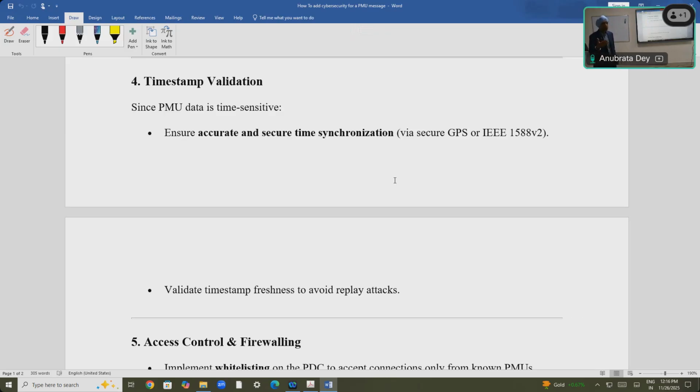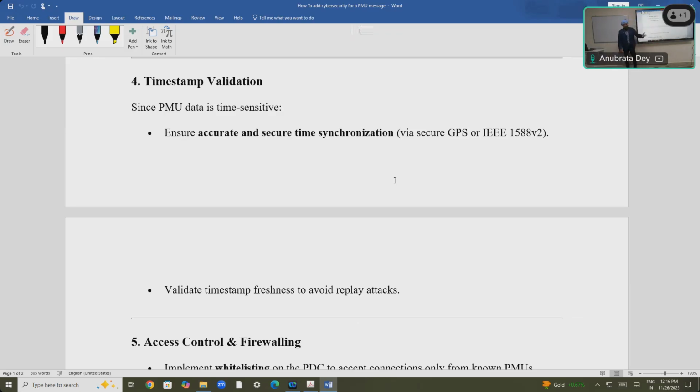You have to take multiple actions. So this could be one of the actions. It may not provide you 100% security. Actually, nothing provides you 100% security. You are trying to make things difficult for the attacker and also trying to identify whether an attack has happened.